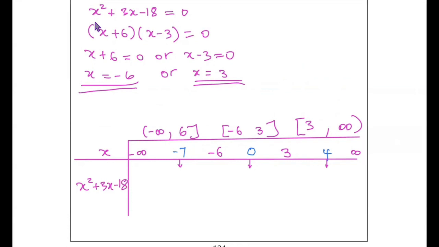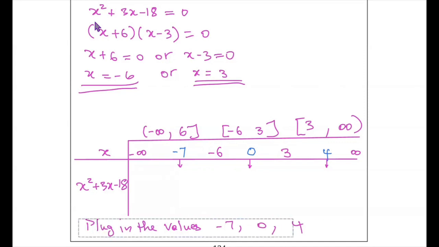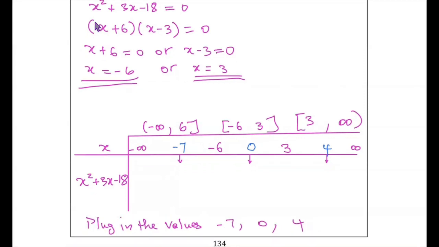When you plug in the values negative 7, 0, and 4, each of them will give me a value for the function, which will have a sign. And the sign of those values will indicate the sign of the expression over this interval.